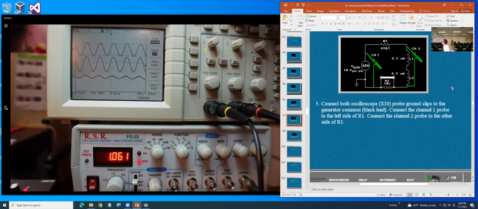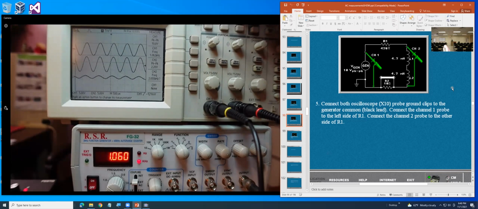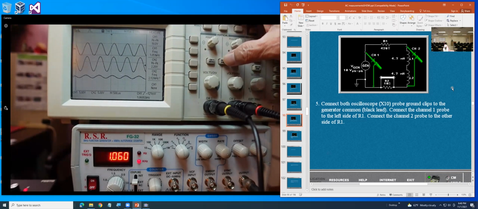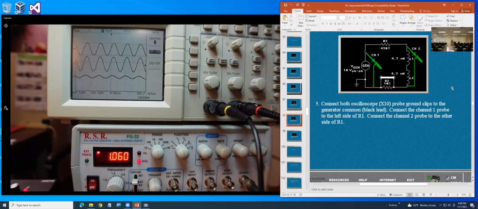Okay, let's see. I press the measure to see what they say. Channel 1, channel 2, channel 3. I didn't see them working. That means you have to use the cursor in order to get the peak-to-peak voltage.